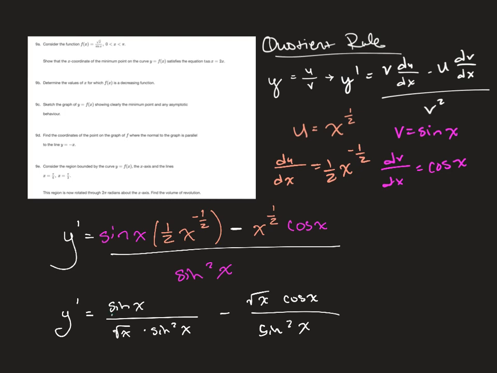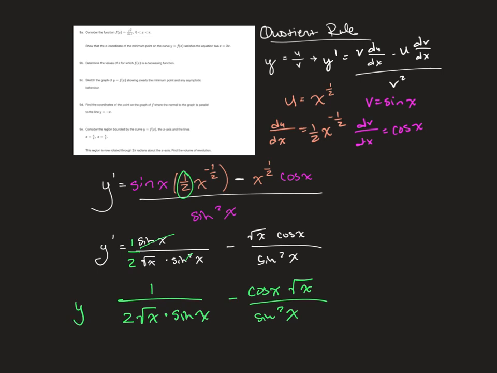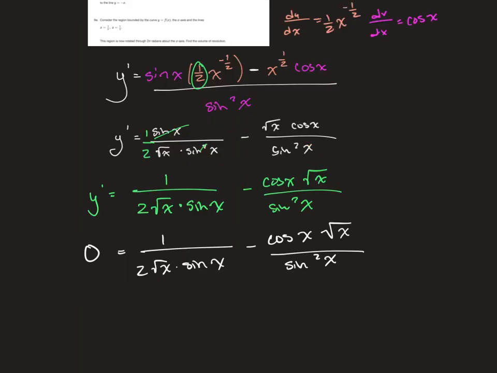And then I can get rid of at least one of those sines. Oh, and then I can't forget about that 1/2, my bad. So I got a 2 here. 1 over 2 root x sine x minus cosine x root x over sine squared of x. Okay, just a little bit easier to work with.